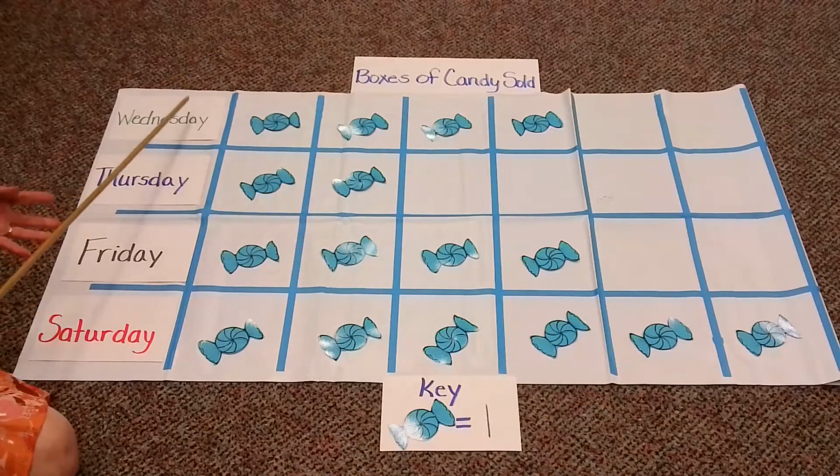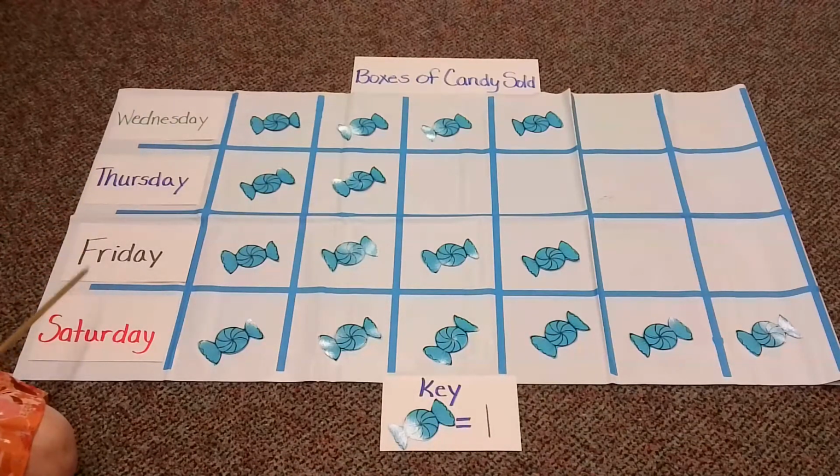When taking a look on the side of my pictograph, I see Wednesday, Thursday, Friday, and Saturday. Those are the days where data or information was collected and they counted how many boxes of candy were sold on those days. So, how do I know how to count these candy pieces?